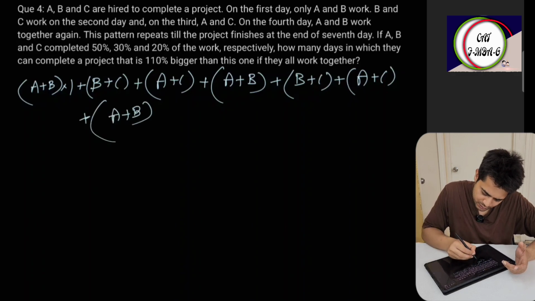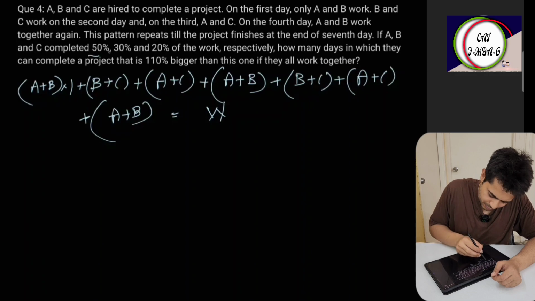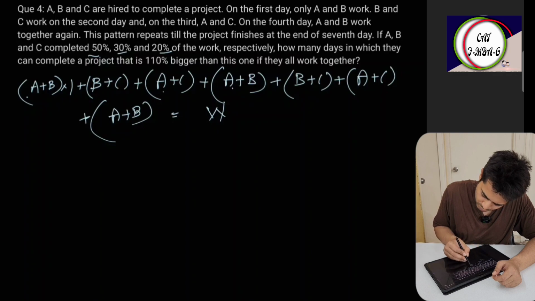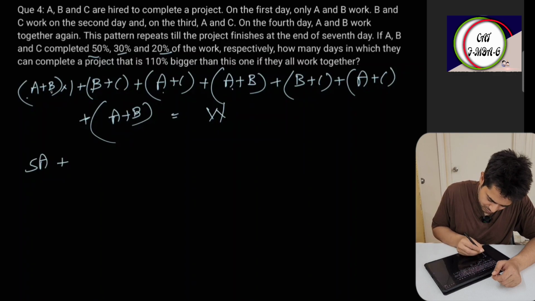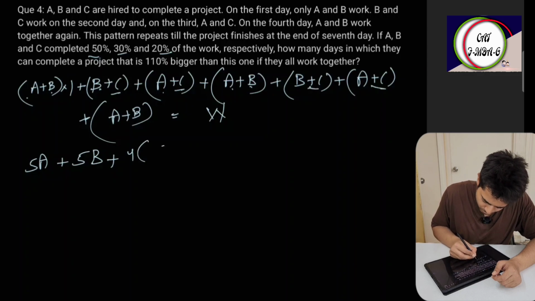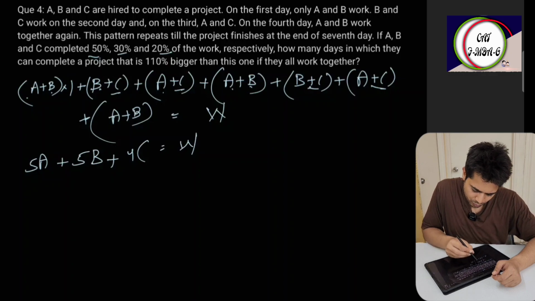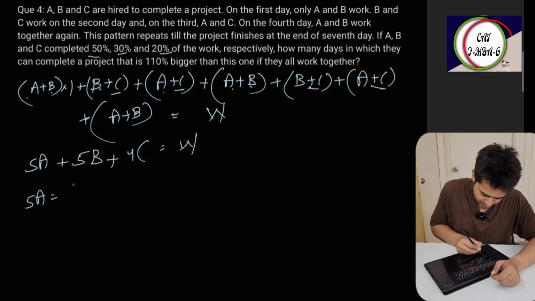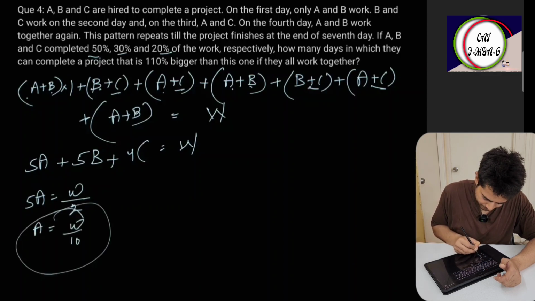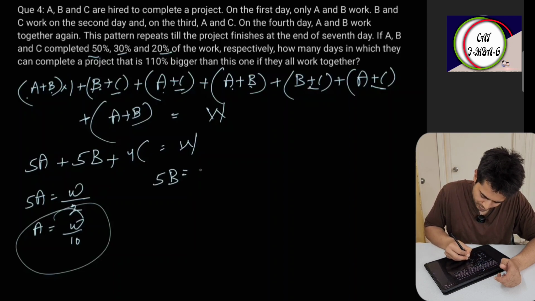At the end of the seventh day, this is equal to W. If A, B and C complete 50, 30 and 20% of the work, how many A's are there? 1, 2, 3, 4, 5. 5A plus B, 1, 2, 3, 4, 5. 5B plus how many C's? 1, 2, 3, 4. 4C is equal to W. Now A completes 50% of the work, so 5A is equal to W by 2. A is equal to W by 10. And 5B is equal to 30% of the work, so 3 by 10 W.